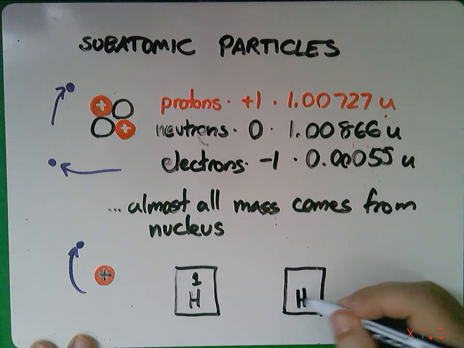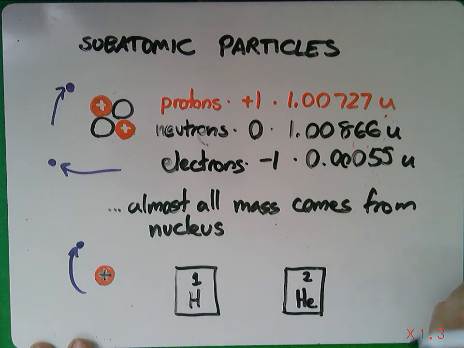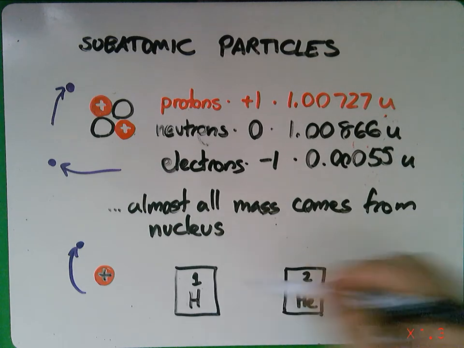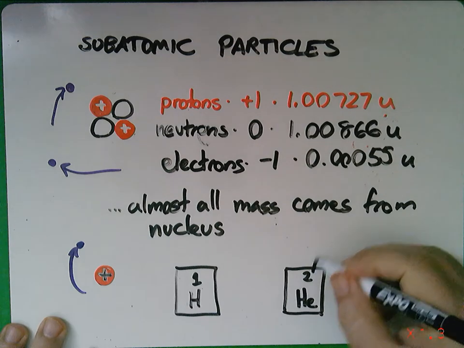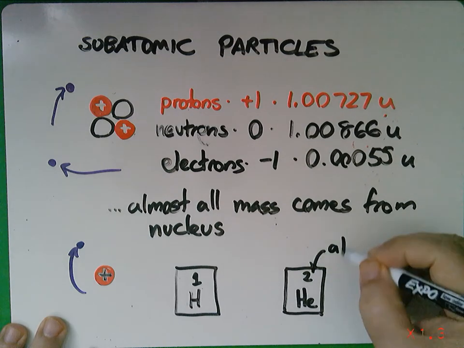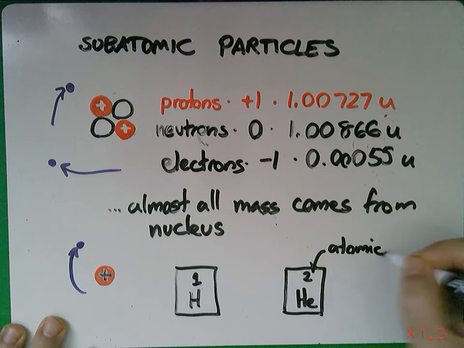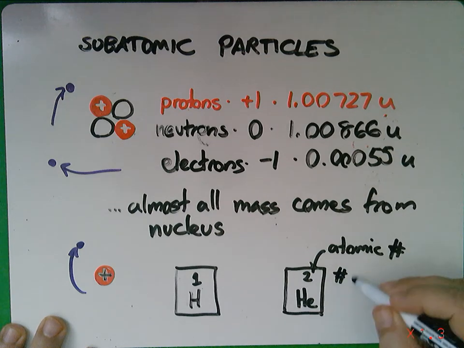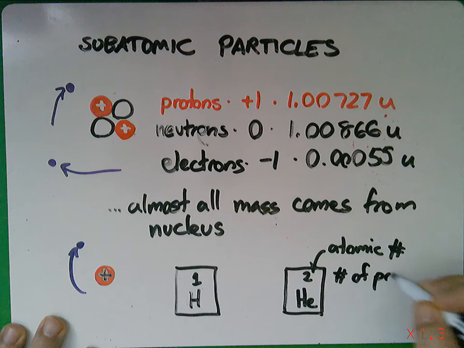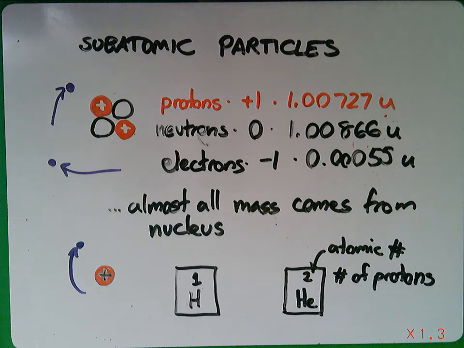You'll see a little block like this for helium with a 2. The number of protons is a unique identifier for which atom you've got, and that has a name. It's called the atomic number. It's the number of protons that are in the nucleus.